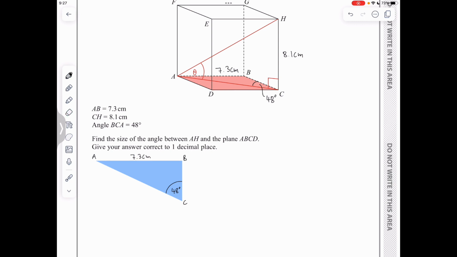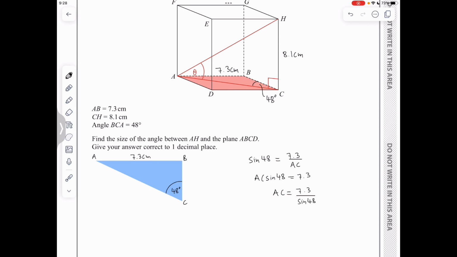And therefore I can say that sine of 48 is equal to 7.3 over AC, which means that AC sine 48 is equal to 7.3, and therefore AC is 7.3 over sine 48.